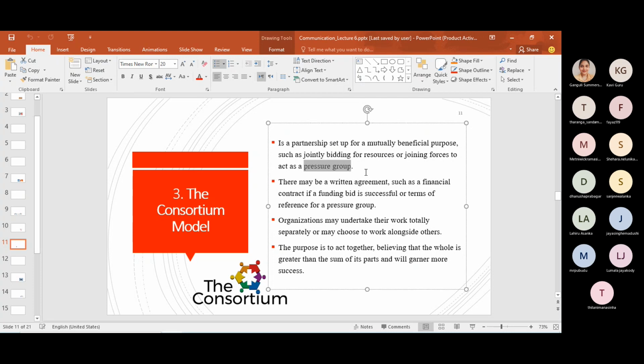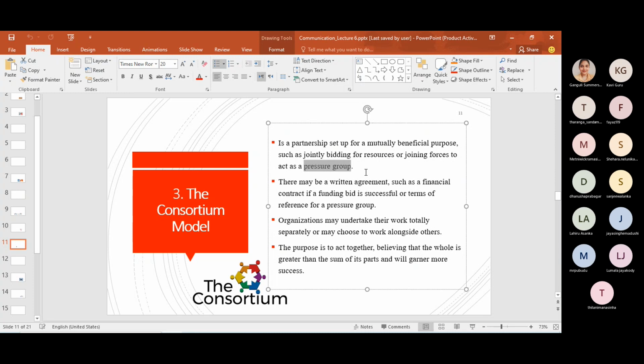When you bid for resources jointly, that is a financial benefit, because if you could give the highest bid, you get that resource. Bidding works like this: one person says a price, another person says a higher price, another says an even higher price, and the person who says the highest price will get the resource. That is how bidding happens.